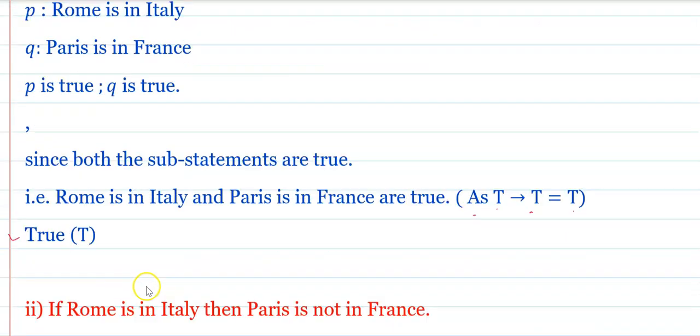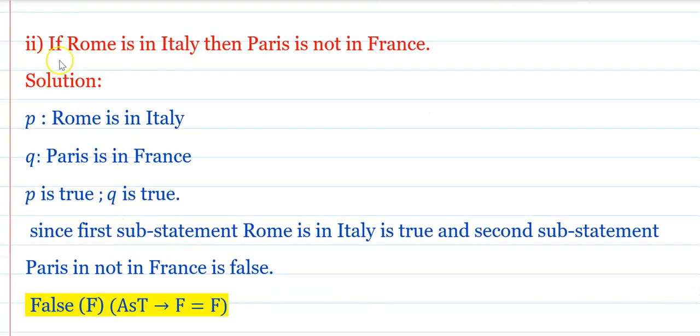Okay. Next, Rome is in Italy, then Paris is not in France. Here again P, Rome is in Italy, Q, Paris is in France. P is true and Q is true. The first statement, Rome is in Italy, is true and the second sub-statement is not true. Okay.